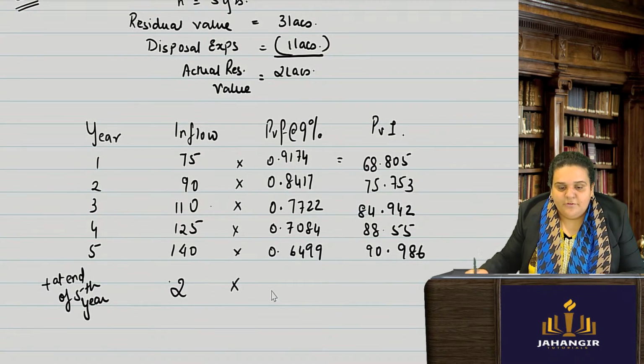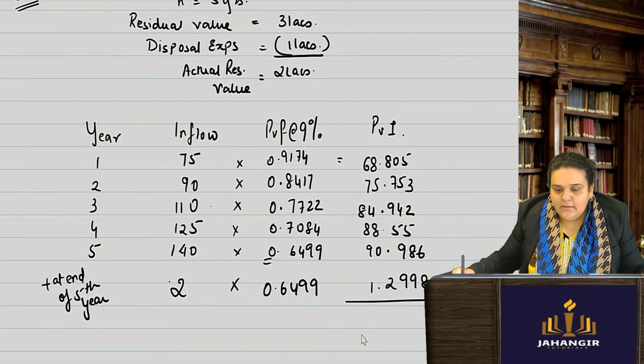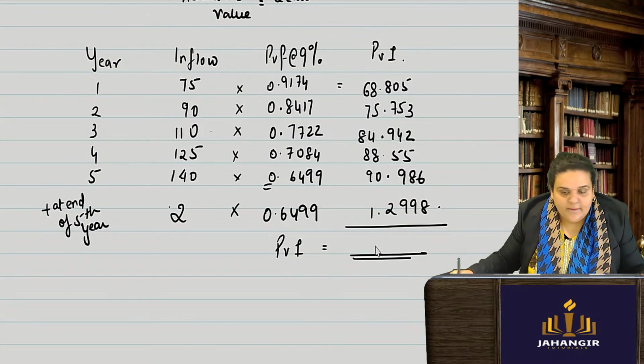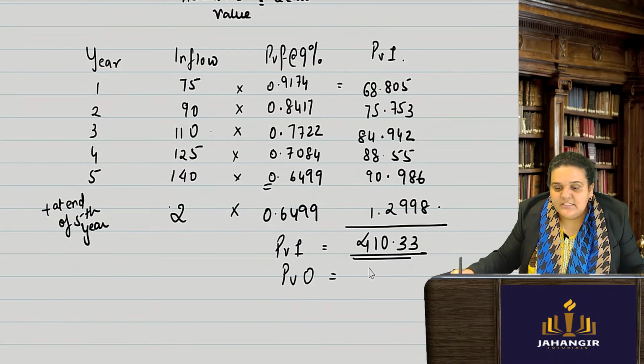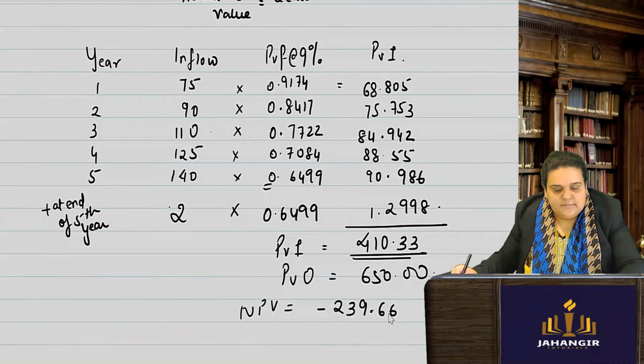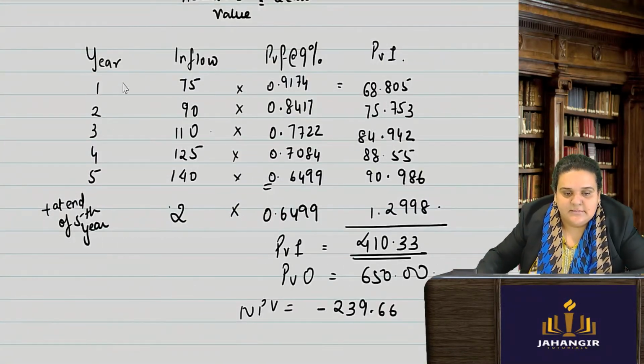Discount factor of the end of the fifth year is the same, no? 0.6499. So that is going to become 1.2998. So totally my PV inflow is coming as 410.33. My PV outflow is 650. Therefore, my net present value is coming as minus 239.66. Okay, minus 239.66 is my answer.